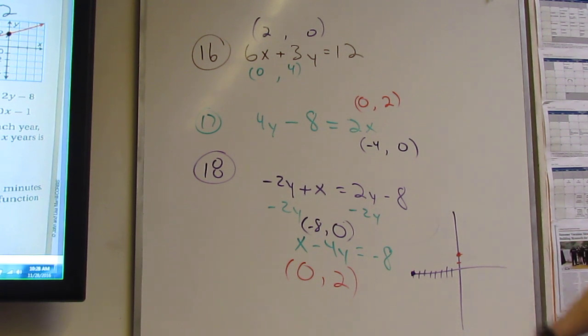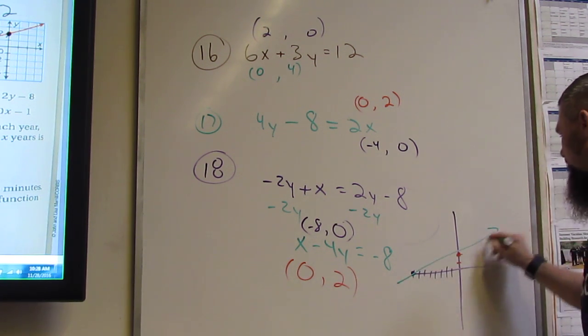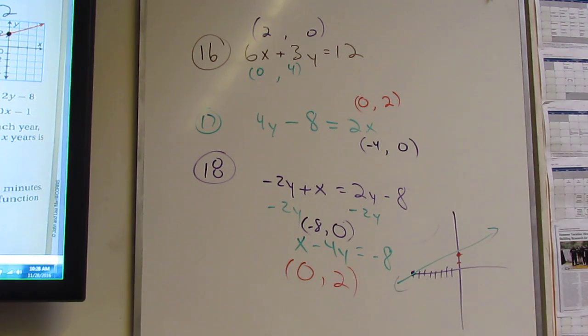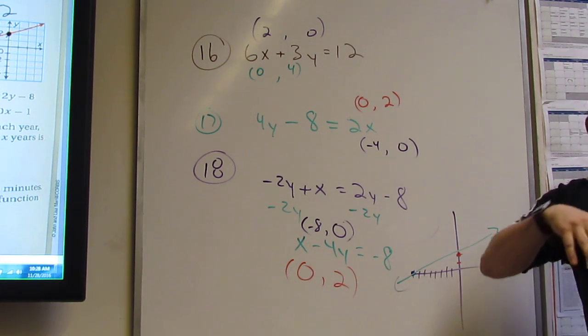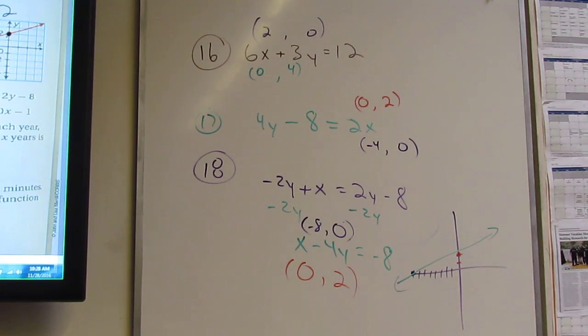Because this is something you can do basically without that. And that's your graph. Okay? We're just going to graph using the intercepts. Does that make sense? Right? All right, let's move on over.